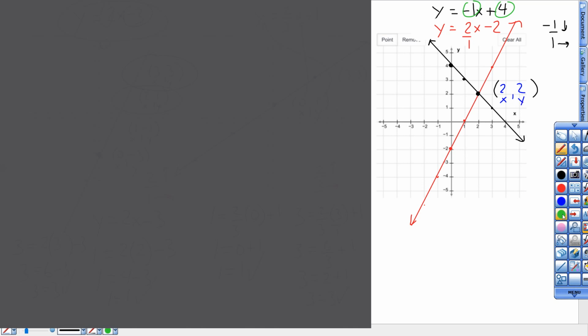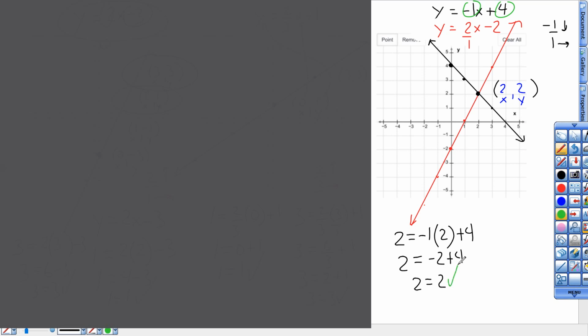If I take that x is 2 and y is 2 and plug into both, it will satisfy both. Watch. So for the black one, if I plug in 2 for y and plug in that 2 for x, everything else remaining the same, will give me a true statement for that black equation. 2 equals 2. Yes, that point satisfied that line.